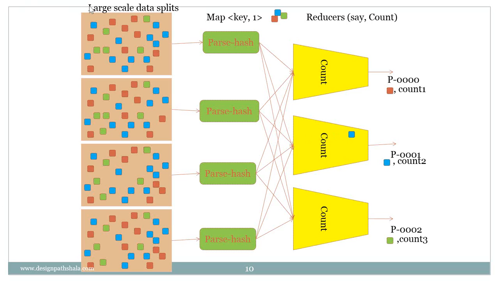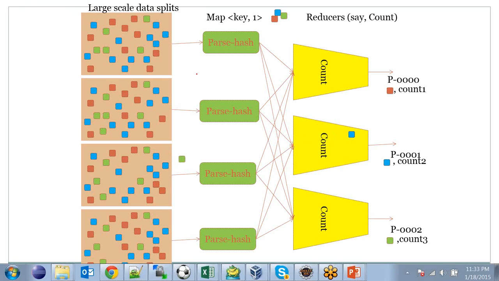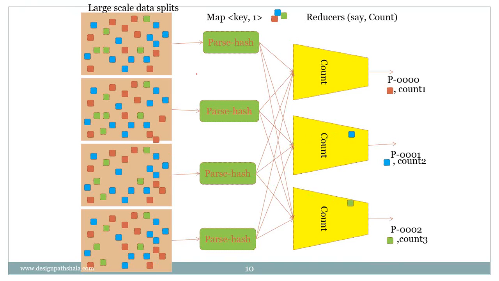So this is how it happens. Here I'm just trying to picturize it. These keys keep on going to a corresponding reducer, which will get the key and value, and it keeps on counting it. This is a hashing function which I'm trying to define over here. What happens in hashing?